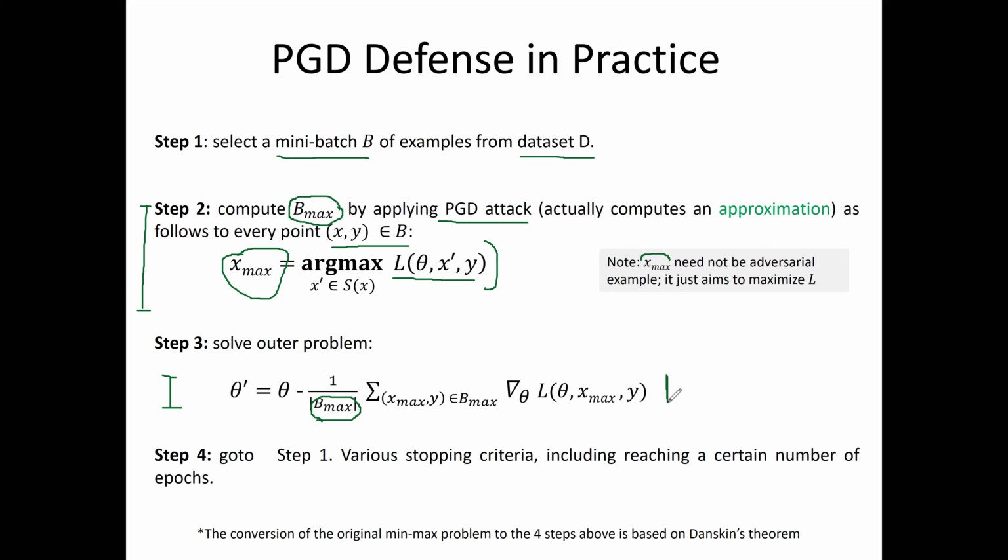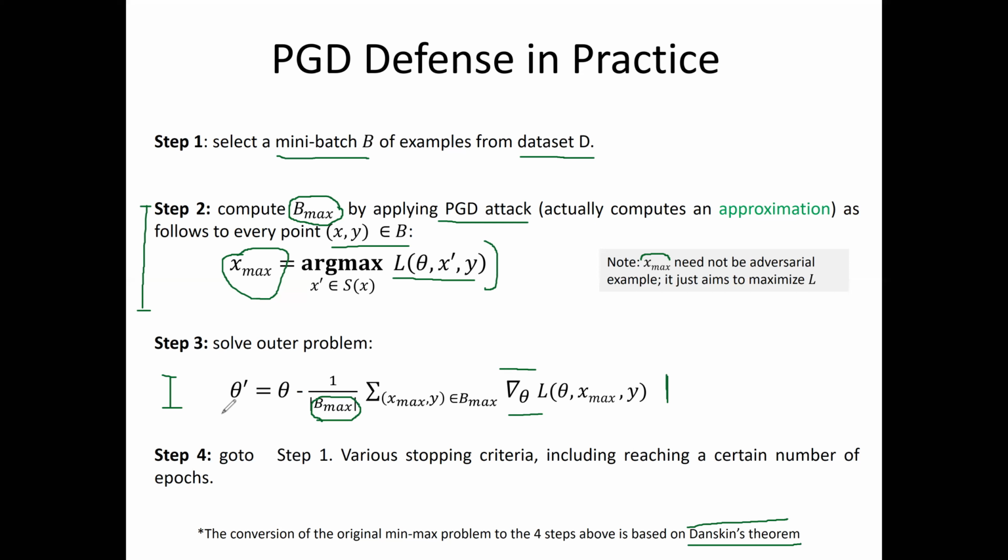One interesting point here that you can take a look at later, it's not something that we're going to be studying, is how to derive this gradient here to be pushed next, how to obtain this derivation. You can look at the original min-max problem and that theorem, and it can be quickly derived how you go from the min-max to the gradient being pushed inside here of the loss. So this is the implementation of the PGD defense in practice.